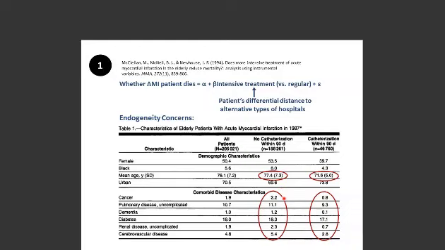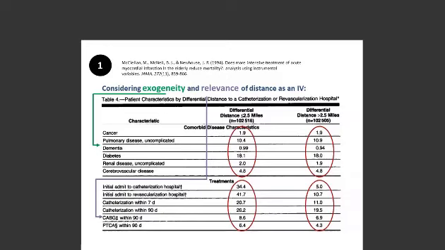So in this table 4, the authors consider the exogeneity and relevance of using distance as an IV in their scenario. And keep in mind that the exogeneity criterion can't be tested directly, but there are ways that we can hint at it, and that's what this paper is doing here using this table 4.